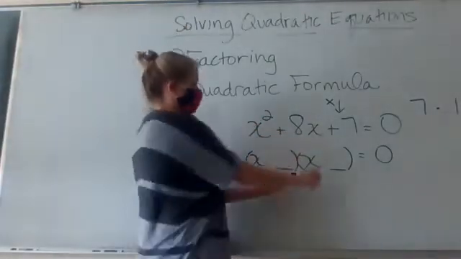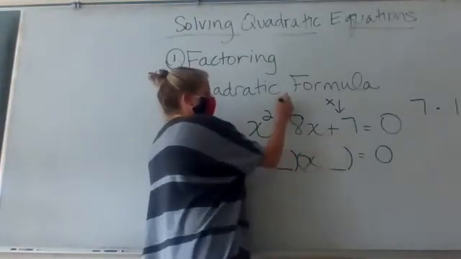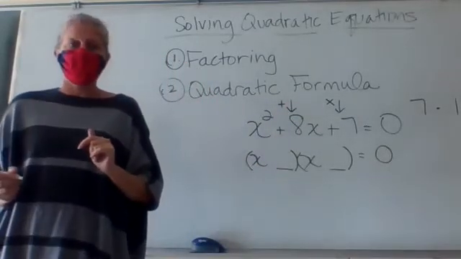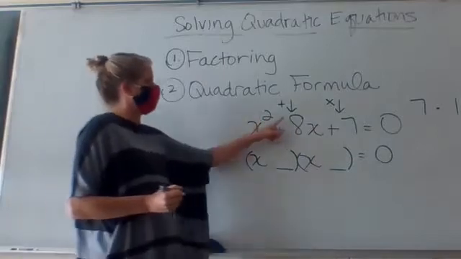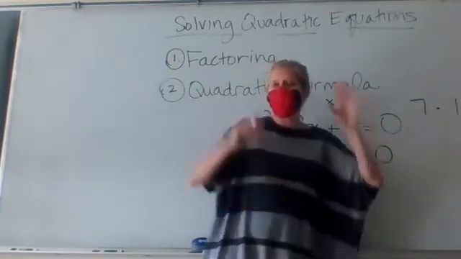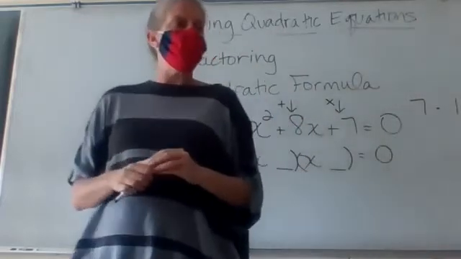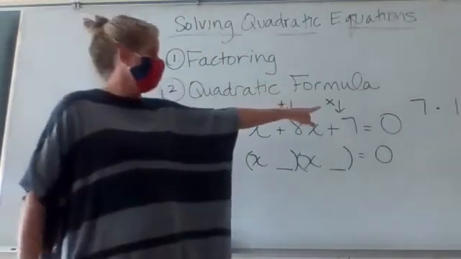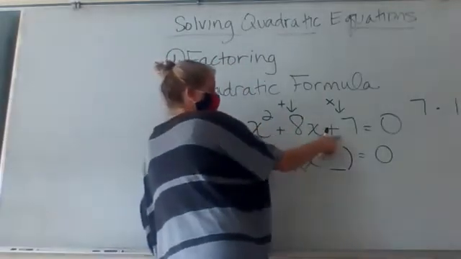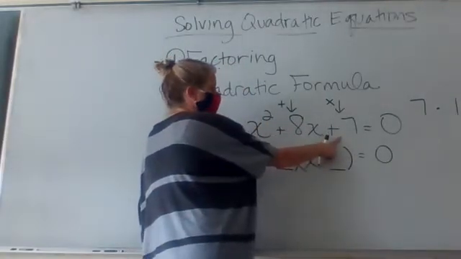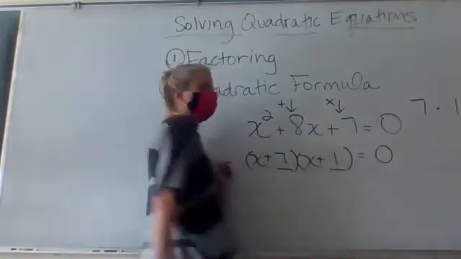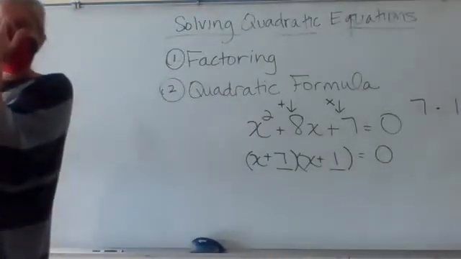Not only do these terms have to multiply to equal 7, they have to add to equal what is in the middle, which means they have to add to equal 8. If there was more than one pair, I would go through and find the one that added to 8. And luckily, our 7 and 1 does add to 8, right? And they're both positive, right? Multiplying to equal positive 7 and adding to equal positive 8 will be a positive 7 and a positive 1.